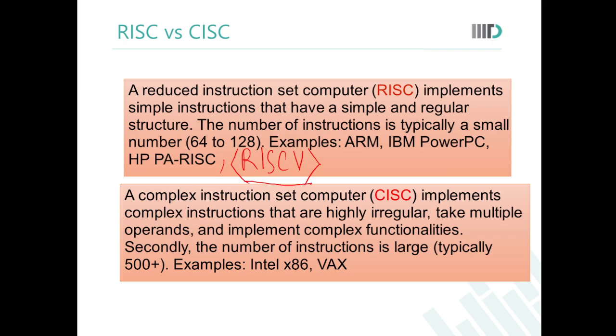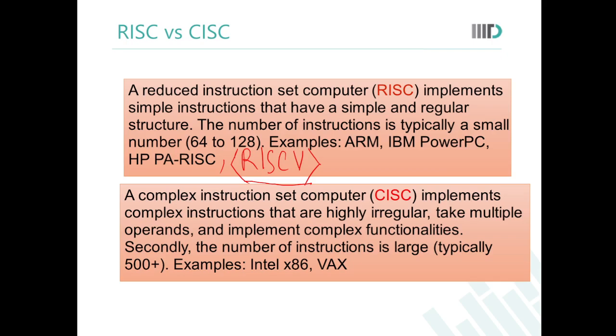Now, the other type of ISA is CISC, complex instruction set computer. It implements complex instructions that are highly irregular, take multiple operands, and implement complex functionalities, and the number of instructions can also be large, typically 500 plus, and there is not much regularity. For example, one instruction might have 0 operands, another instruction might have maybe 5 operands.